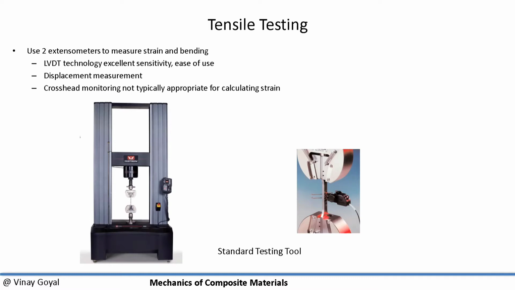If you don't know what an LVDT is, it's a linear variable differential transformer, an electromechanical transducer that converts rectilinear motion into an electrical signal. It tells you how much deflection you get from that change. So again, we don't want to rely on the crosshead deflection. More reliable is LVDT.